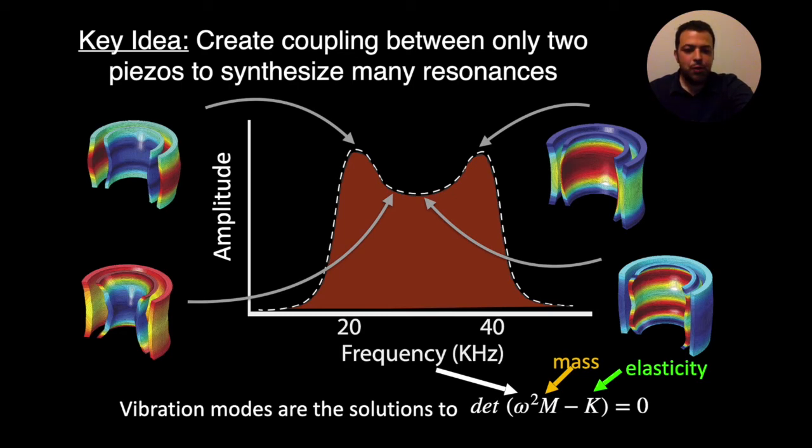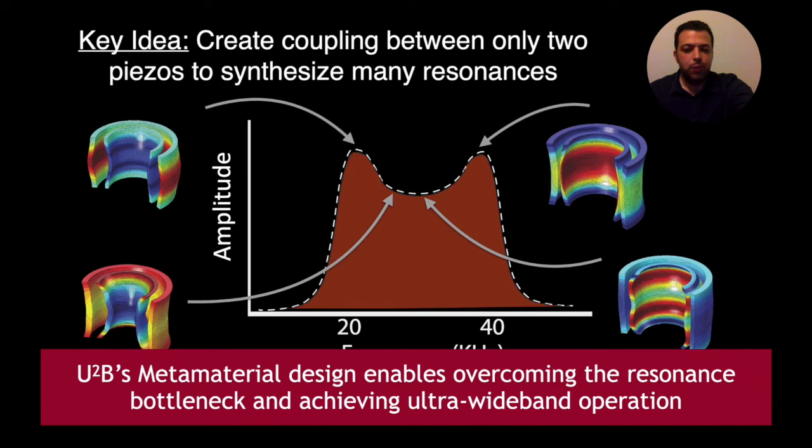In the interest of time, I will not get into the details of this equation, but I would like to invite you to read the paper to know more details about this equation and why it leads to these many different modes of resonance. Now, the conclusion here is that with the U²B metamaterial design, we were able to overcome the resonance bottleneck and achieve ultra-wideband operation.